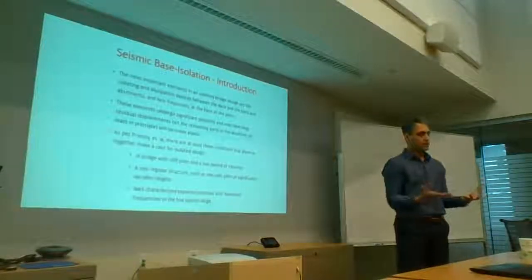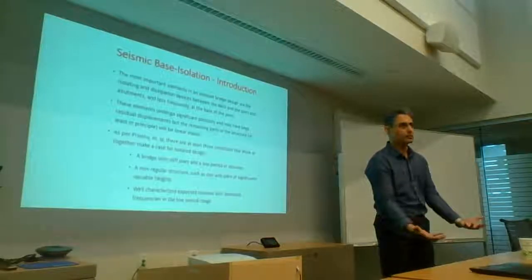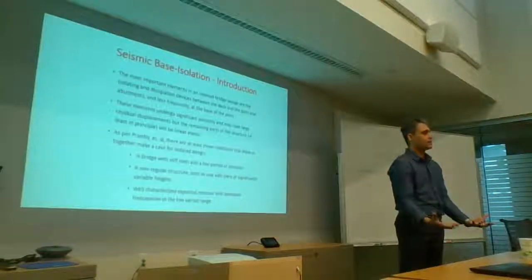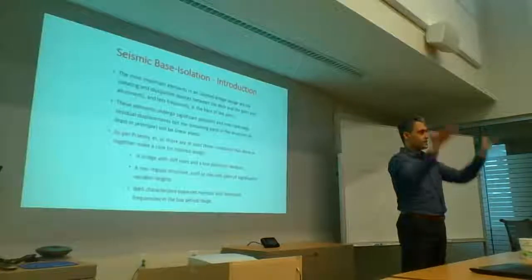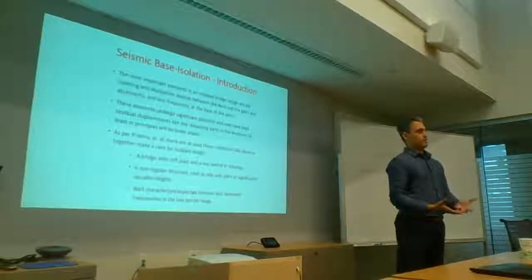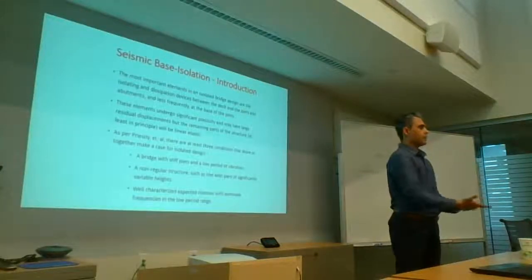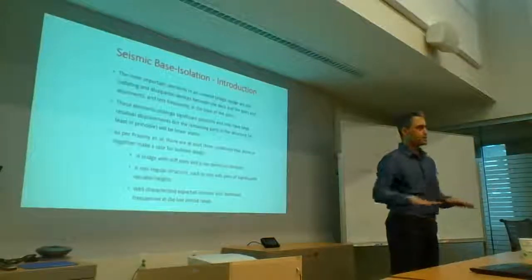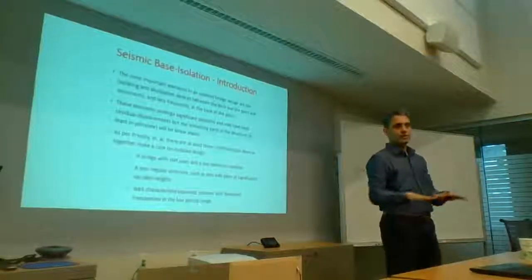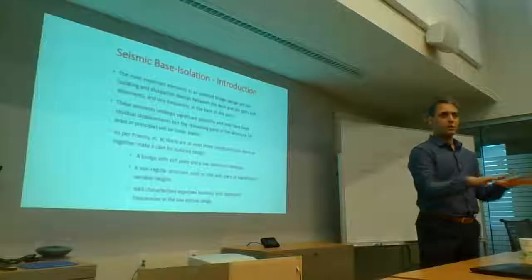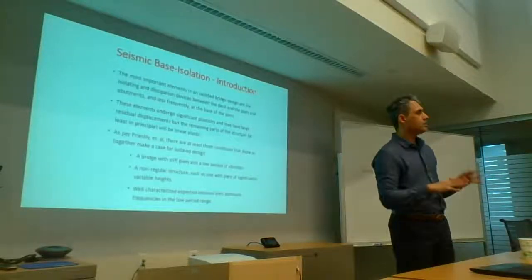In buildings, you'll see a lot of them are at the base of the columns, and that makes a lot of sense because now all of it is isolated, and the columns are just going to float on top, and the building up there is going more into a rigid body movement. As long as you can take the displacements, you're okay.